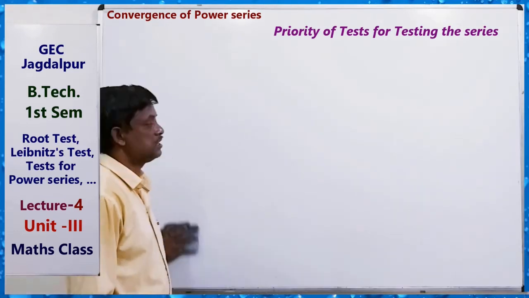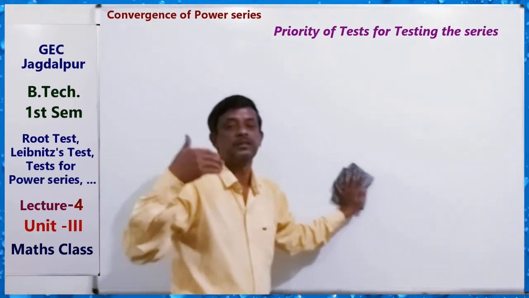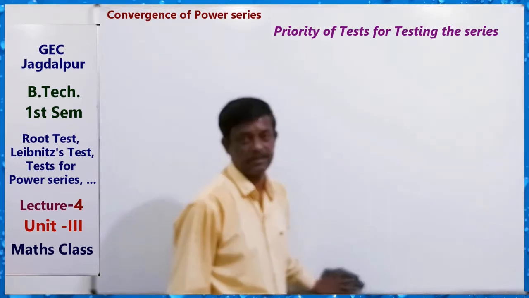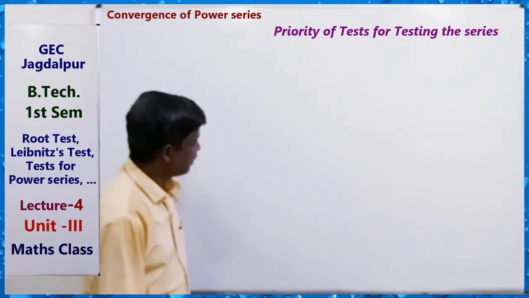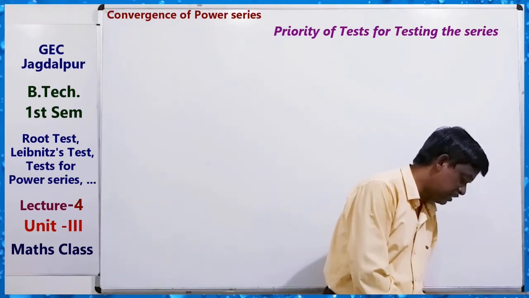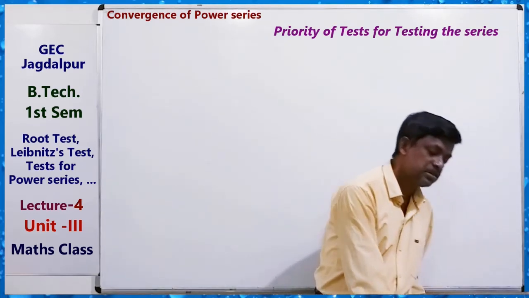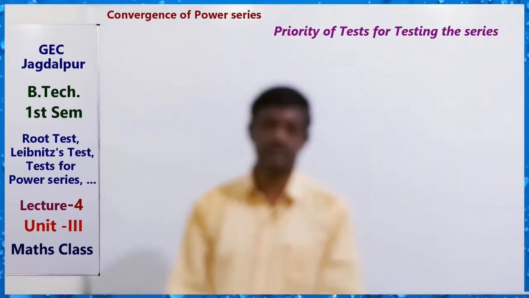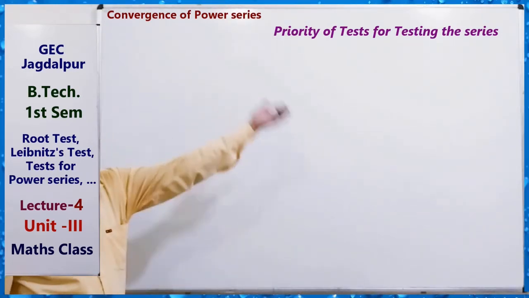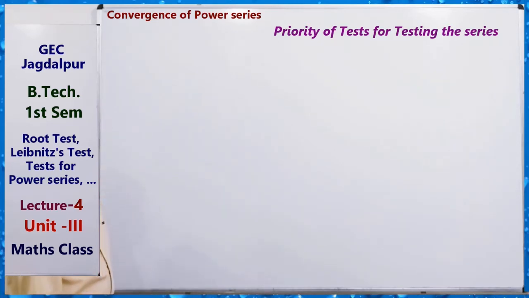And if comparison test fails, then we can use further test, ratio test, reverse test, etc. Okay. So what is the process of our testing and power series? For power series, ratio test is used. If ratio test fails, then we can use any of the tests we have further discussed.